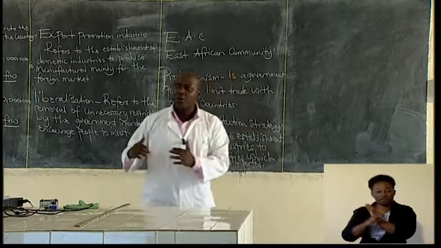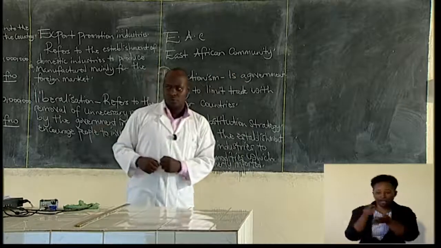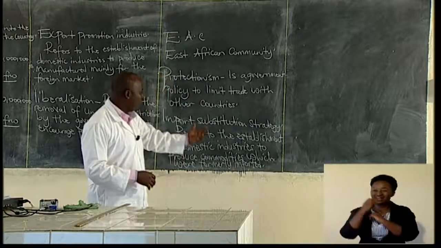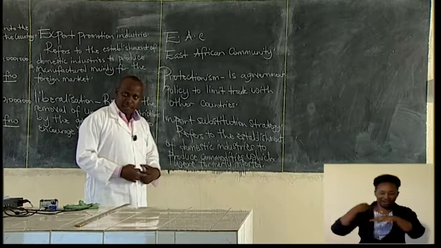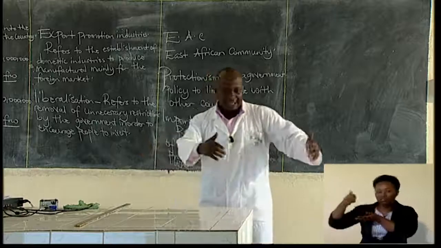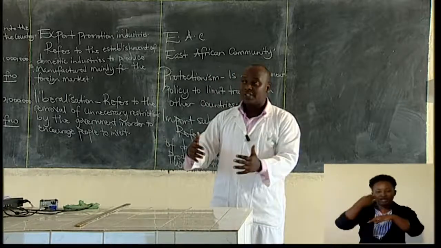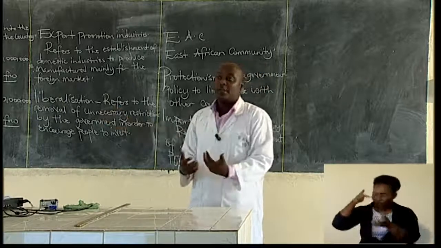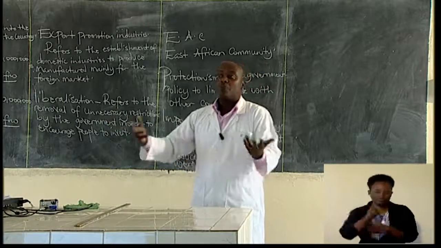Now, in order to reduce expenditure on goods imported from other countries, a country establishes industries that produce goods which were formerly imported. Now, if we establish industries in Rwanda that produce motorcycles, there is no need of buying motorcycles because we can produce our own motorcycles.